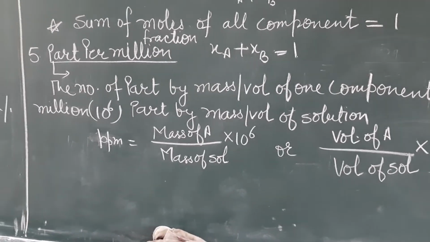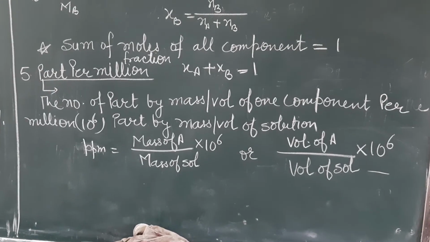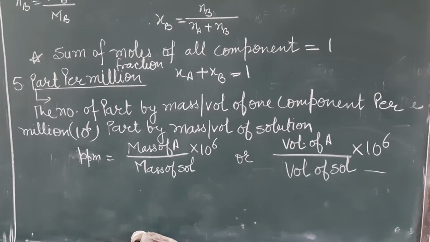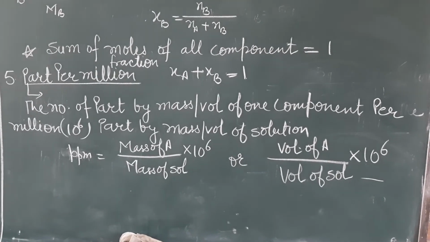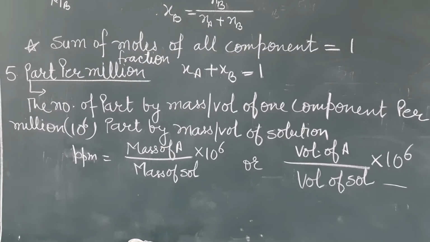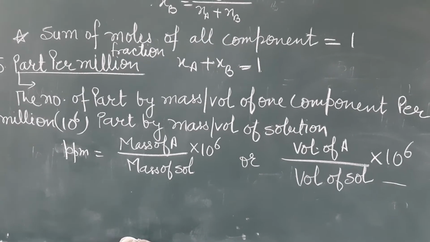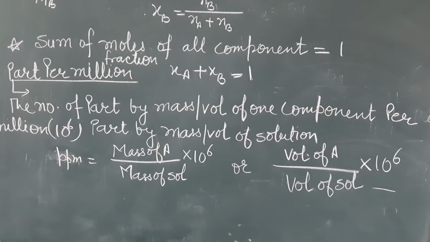Now the next term is part per million. As we define percentage, in the same manner we can define part per million. The number of parts by mass or volume of one component per million parts by mass or volume of solution.